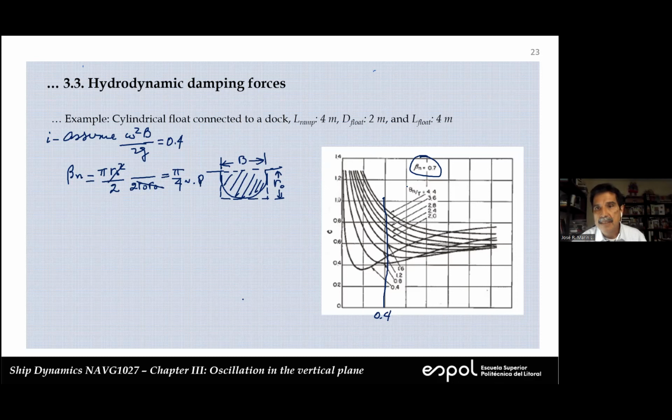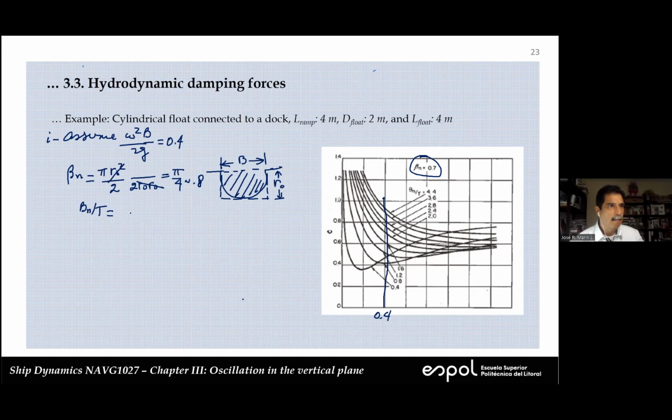What else? We need a curve for this. So we need the ratio Bn over T. How much is Bn over T? Miss Lopez, please help us. What is Bn over T in this case? How much is B?